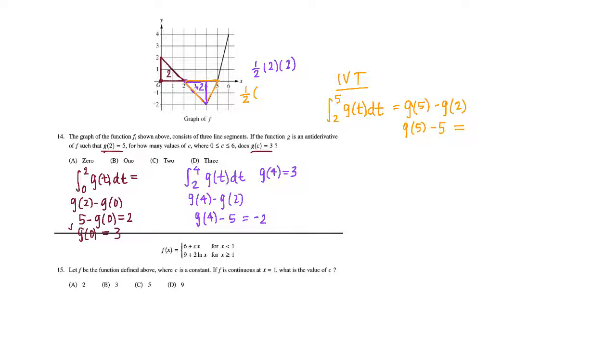Our base is now 1, 2, 3, and our height is 2. So it looks like we're going to be getting 3 there. So here we're going to have 3, and it's going to be negative because we are below the x-axis. And so here we see that G at 5 is going to be equal to 2.